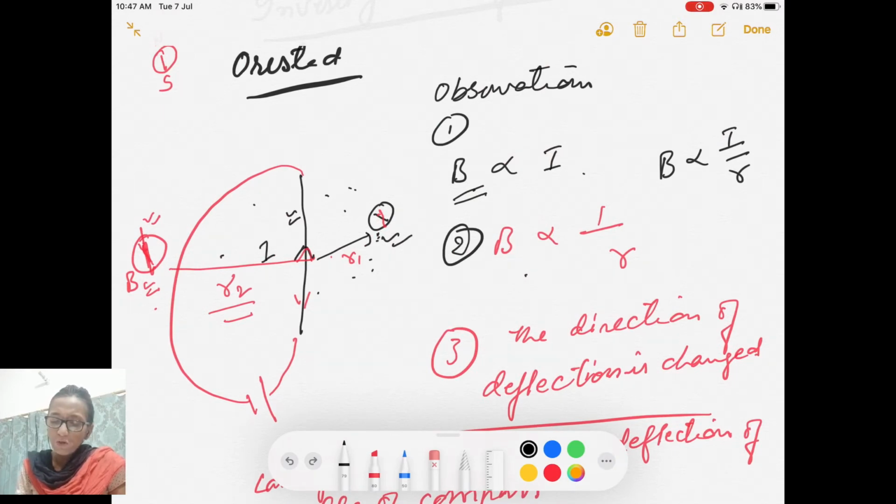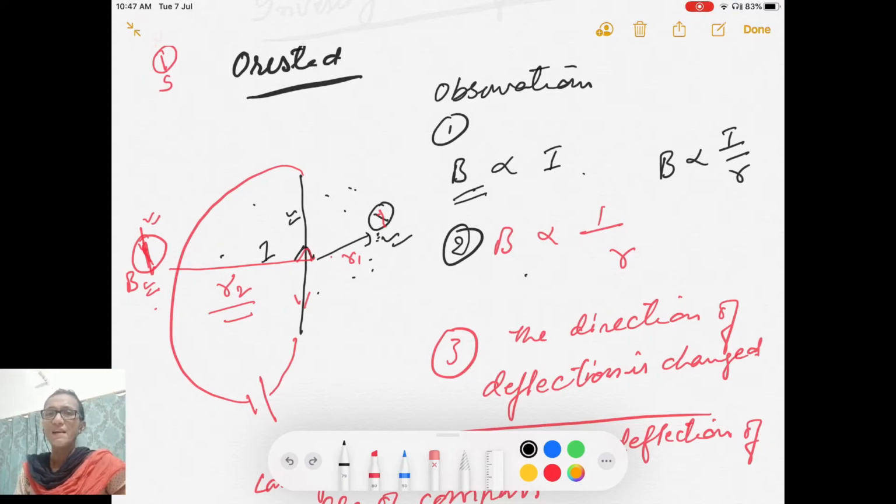So needle used to deflect somewhere, and you know, current has some magnetic effect, meaning it was acting like a magnet, and we know a magnet has two things. It creates a certain region, and in that region, if you place another magnet, the magnet will be deflected. A force will be acting on the magnet.